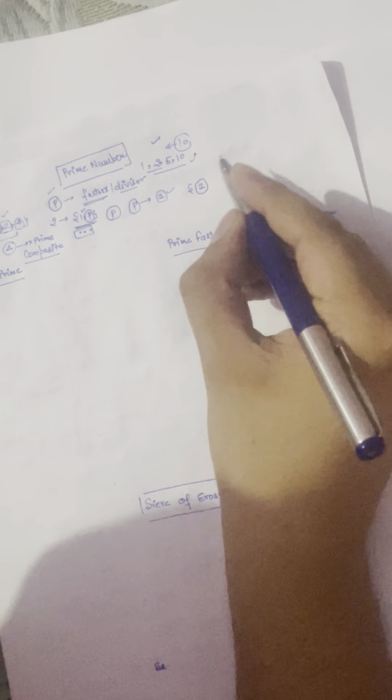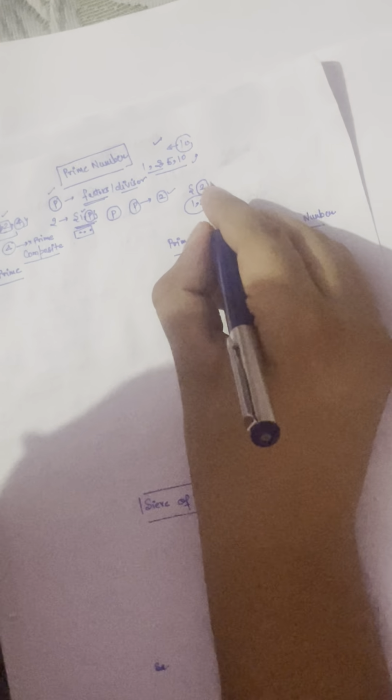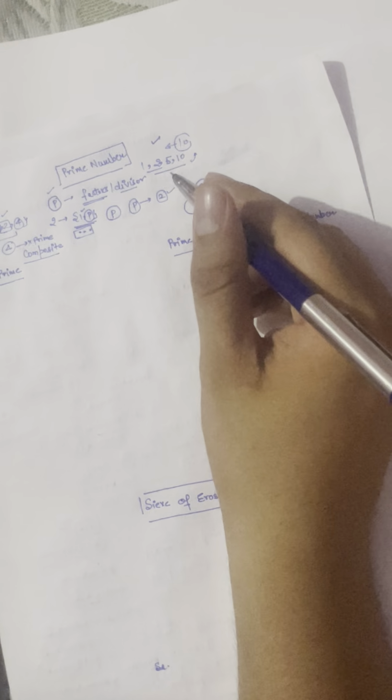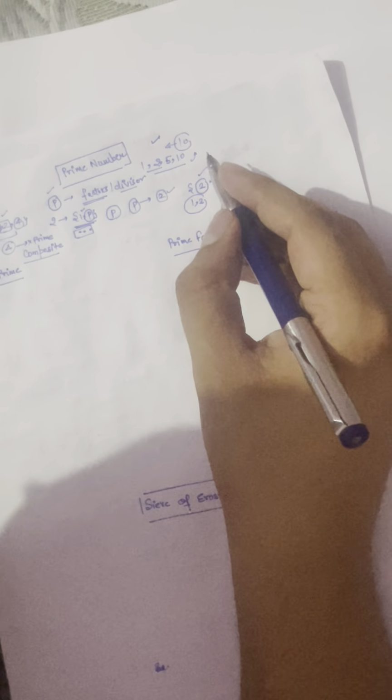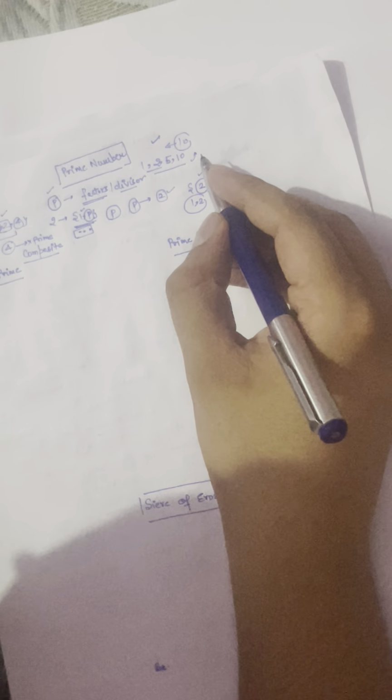We discussed what prime numbers are. Let's say we are discussing whether 2 is a prime number or not. What are the factors of 2? 1, 2. It seems like 2 is an even number, but it is a prime number.